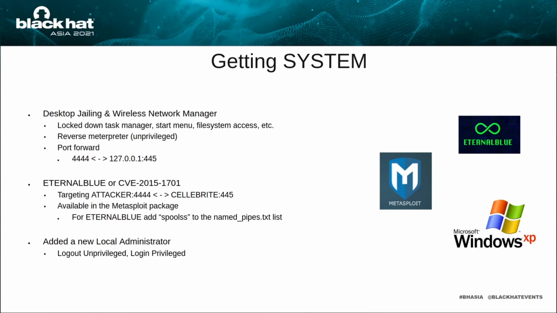Then I copied over a Meterpreter payload where I could then run it and have it connect back to a C2, which I controlled. Then I set up a local forward from my C2 to the target Cellebrite device for port 445 so that I could deliver EternalBlue and escalate to system privilege. From here, I simply added myself a local administrator user that I could log into, and I was able to continue from there.